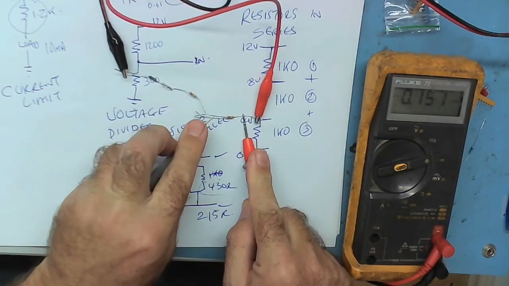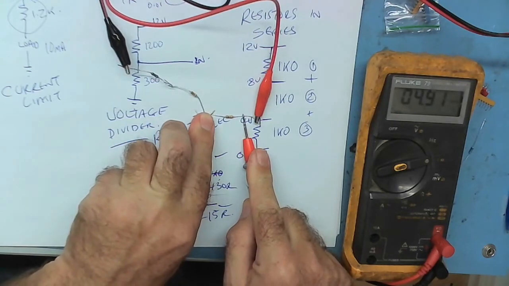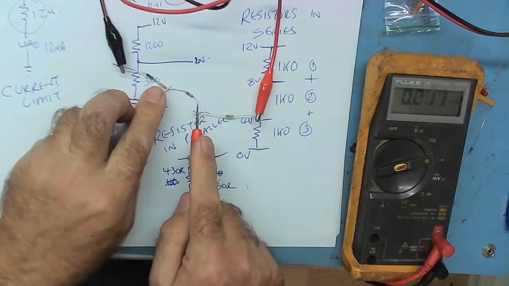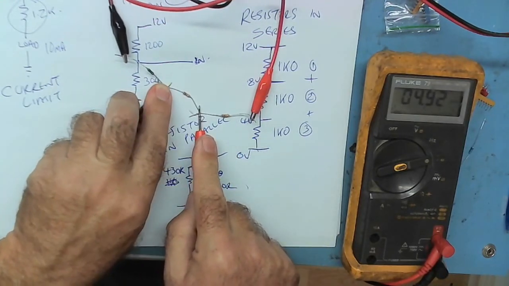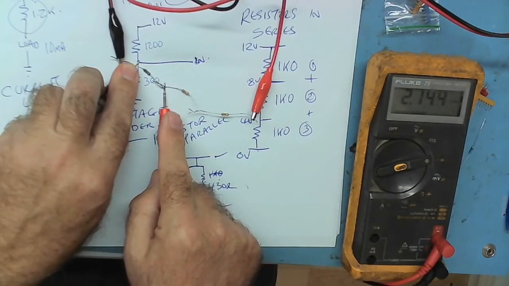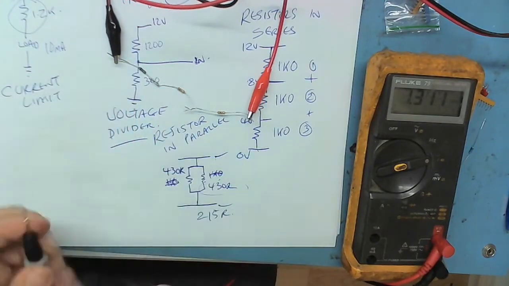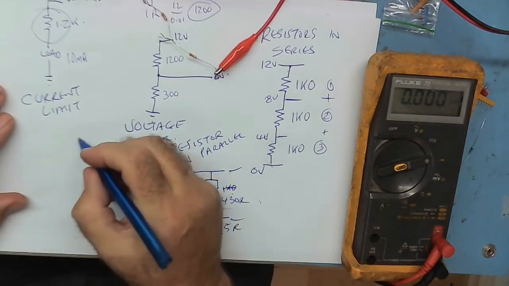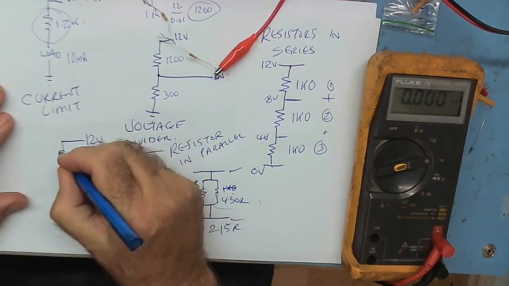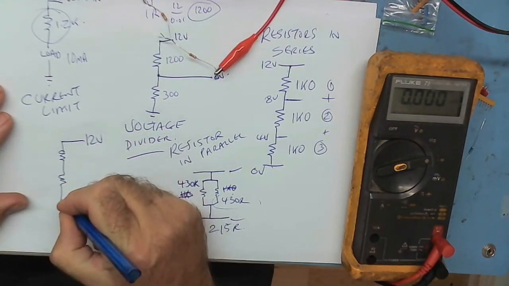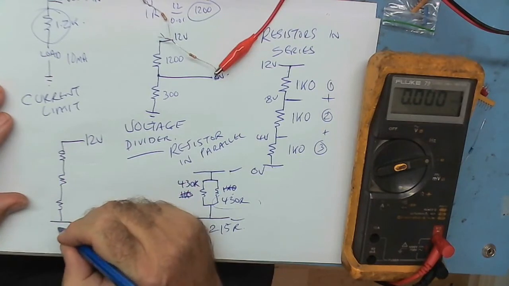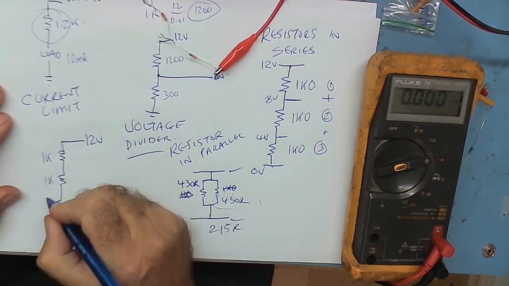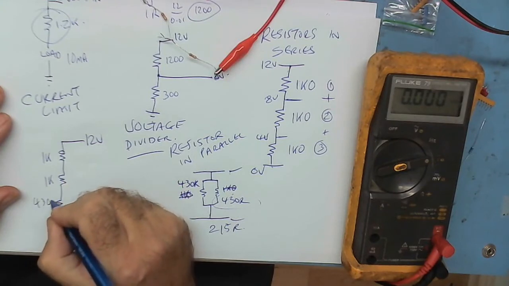What are we going to see across this one now? 4.9. A bit more. And what's across this one? 4.9. And what's across this one? 2.1. So we have 12 volts, ground 0 volts, 1k ohm, 1k ohm, 430 ohm, yeah?